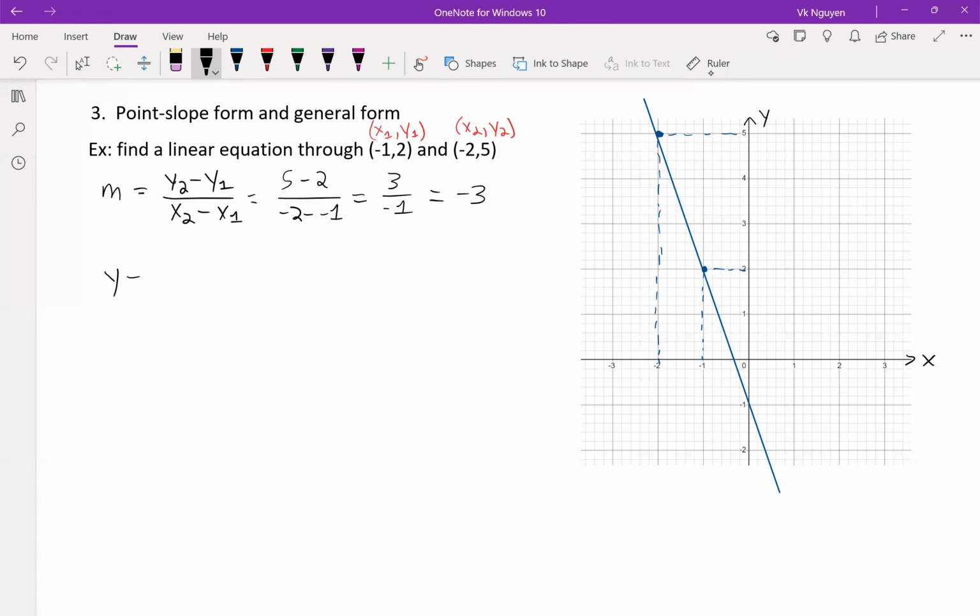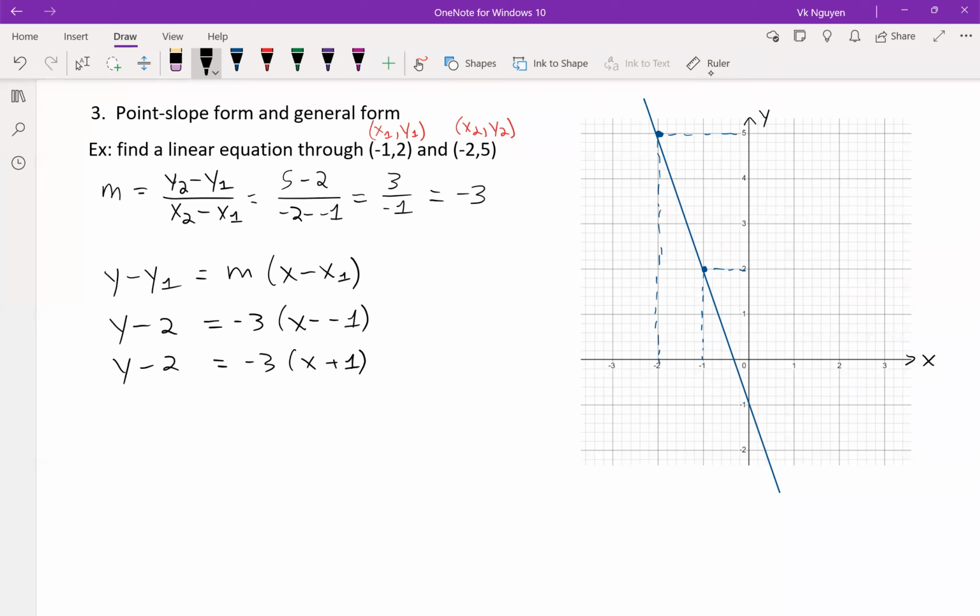Next, y minus y1 is m times x minus x1. Do the substitution. y minus 2 is -3 times x minus -1. y minus 2 is -3 times x plus 1.